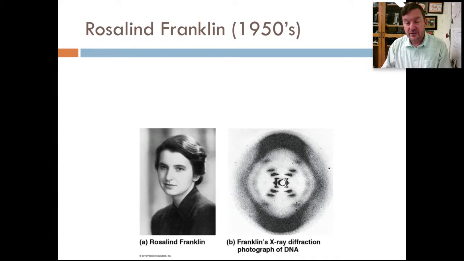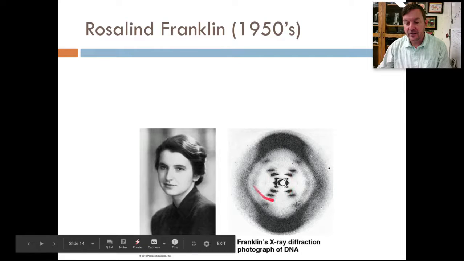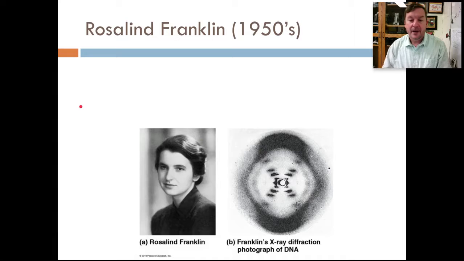They were able to use this to determine that it was a double-stranded helix, because initially they thought it might be a triple-stranded helix. But because of Franklin's work, this structure of DNA was discovered.